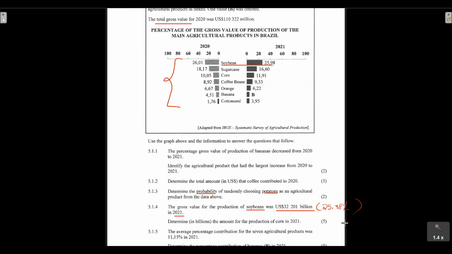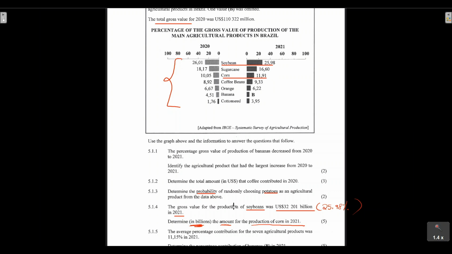Now let's have a look at the question. It says determine in billions the amount for the production of corn in 2021. So now we need to work with this value that's been given to us to determine the amount for the production of corn. We're going to be focusing on the corn. The production of the corn in 2021 was 11.91%.